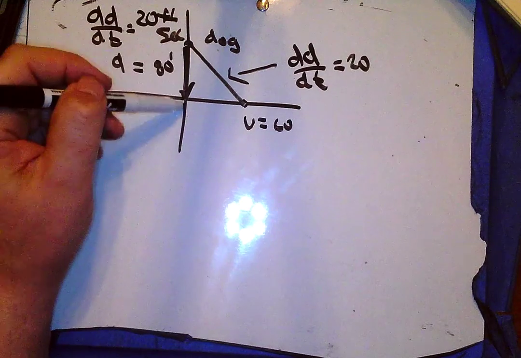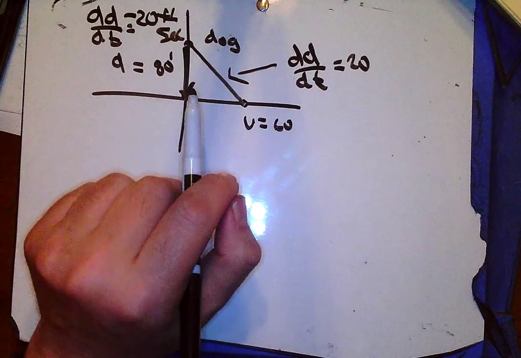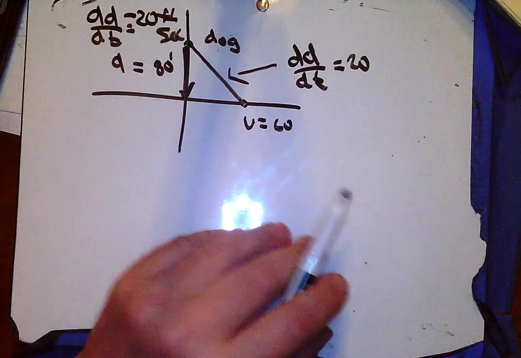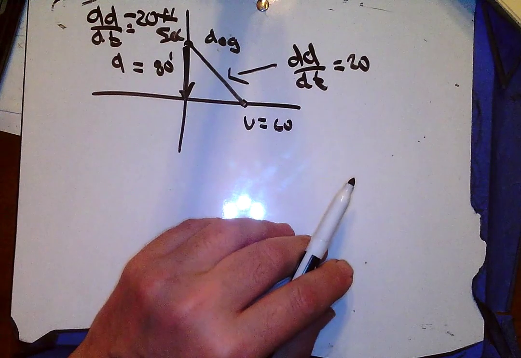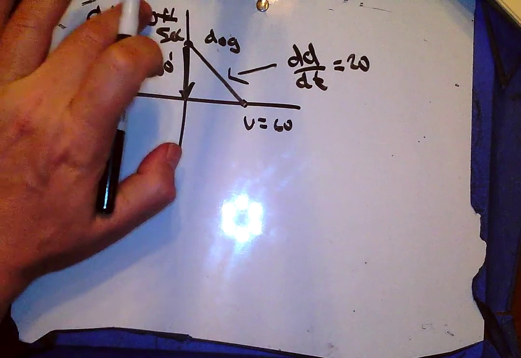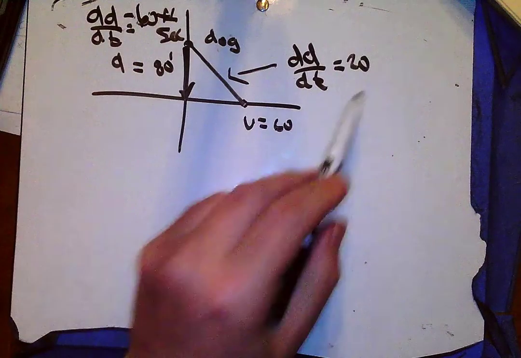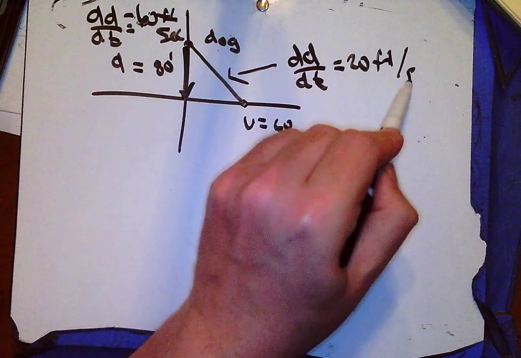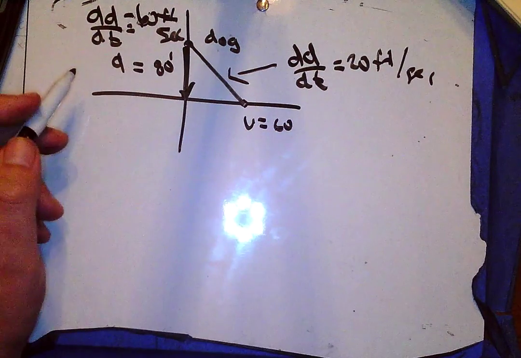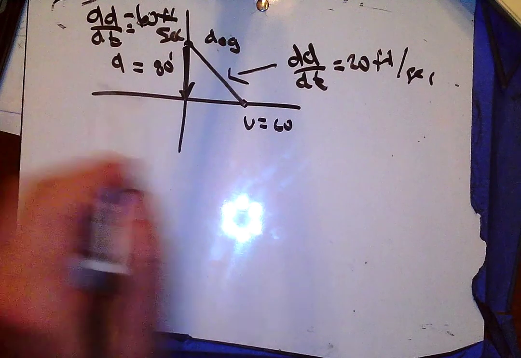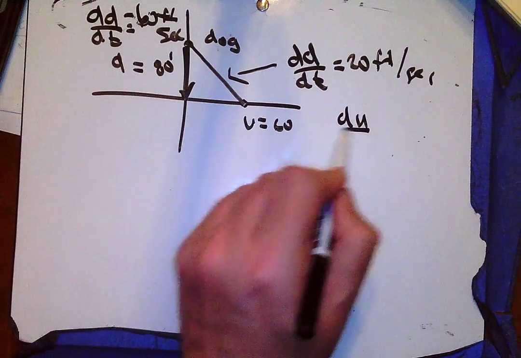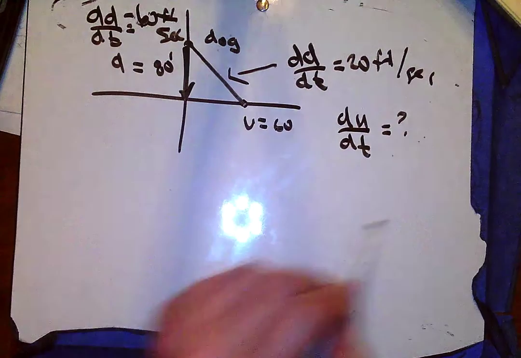The dog is approaching the intersection, so we're going with a minus there. 60 feet per second, not 20, but 60. This one was 20 feet per second. Okay, how fast are you moving to the east? What's the change in you with respect to time?